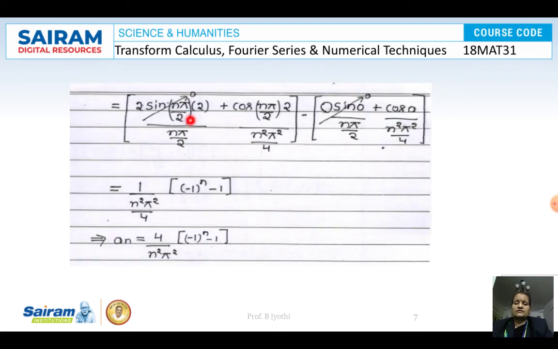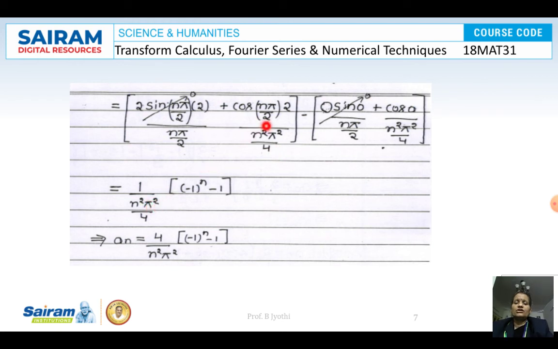So this first term and then the third term, which consists of sin, is made 0. Now only this cos term will be retained. Here this 2 and this 2 will be cancelled. We get cos n pi divided by n square pi square by 4. And even in this term also cos 0 divided by n square pi square by 4. So this n square pi square by 4, which is common in the denominator, can be taken outside.